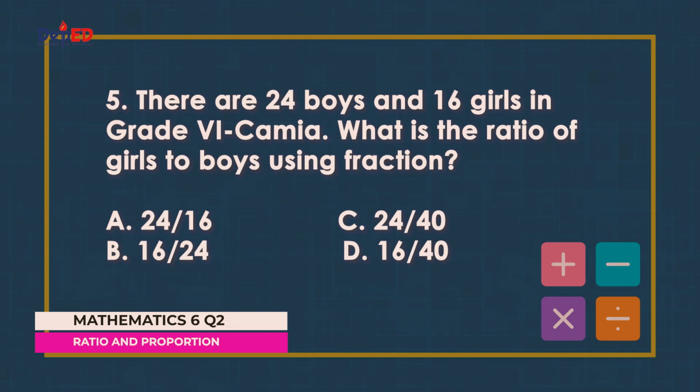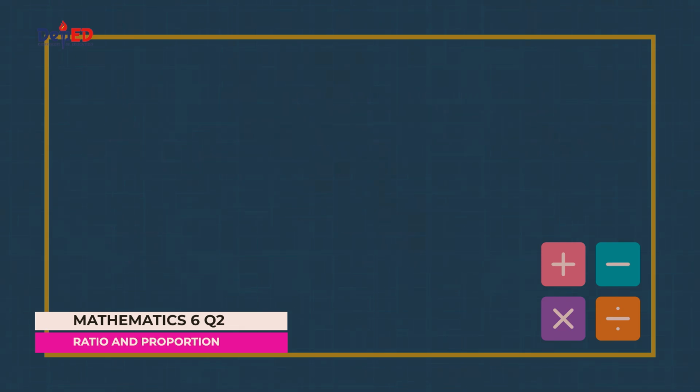What is the ratio of girls to boys using fraction? Letter A, 24 over 16. Letter B, 16 over 24. Letter C, 24 over 40. Or letter D, 16 over 40.